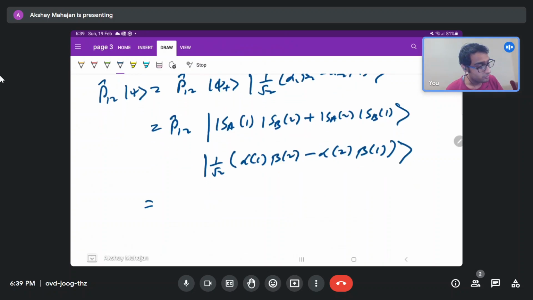Now this operator will act on both of them. When it acts on phi plus, we know that this will give me the same. Here I just have to interchange 1 and 2.